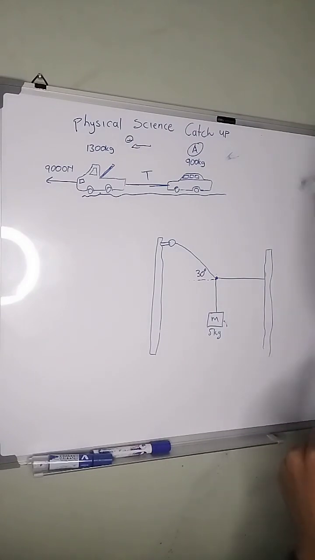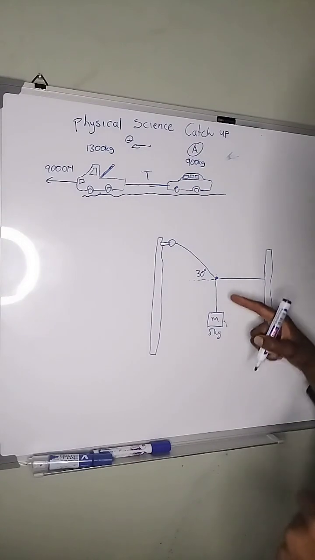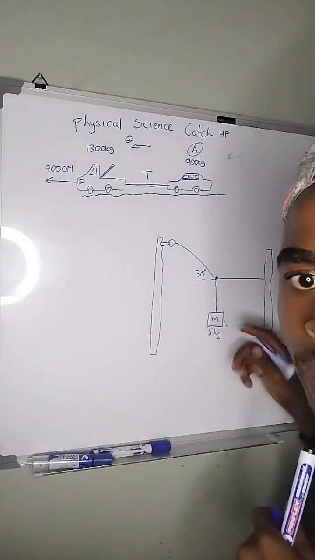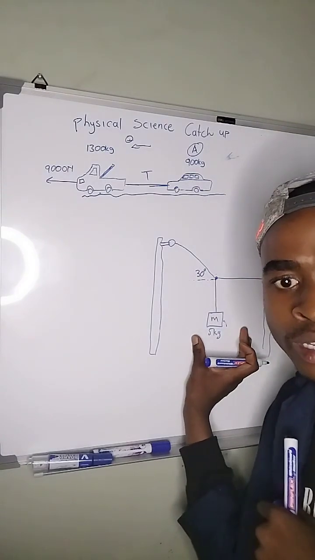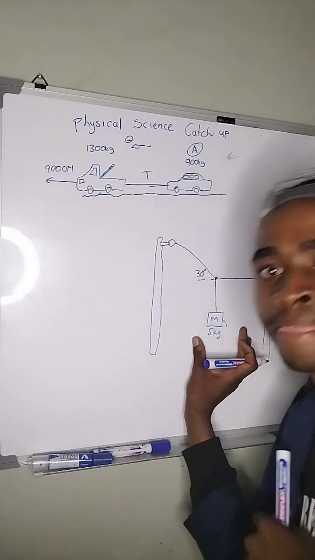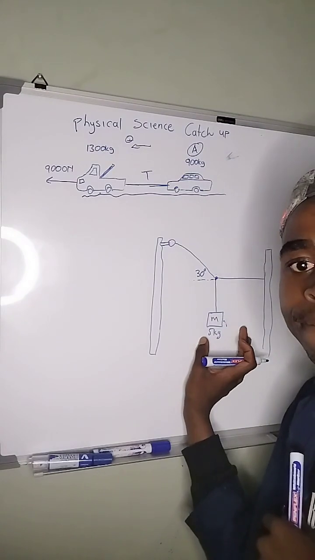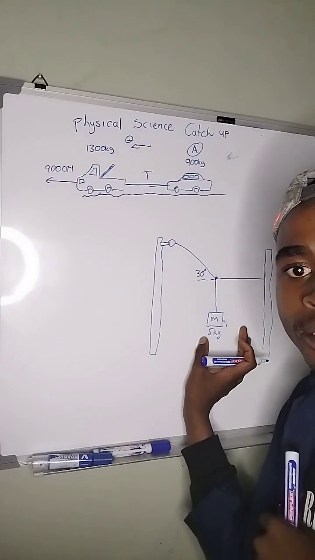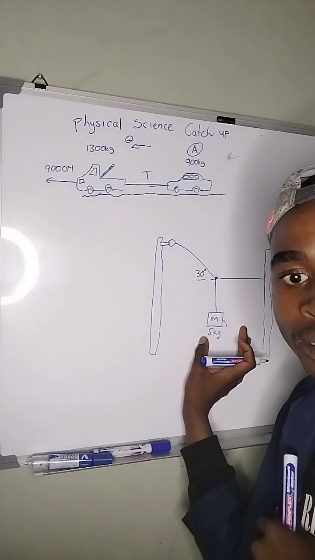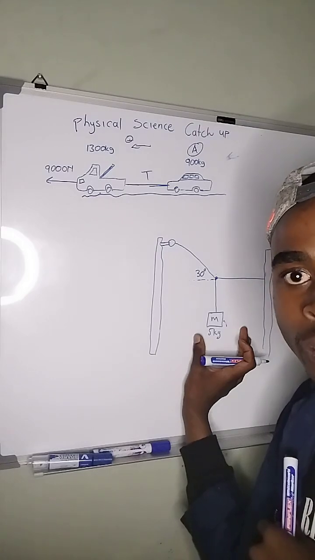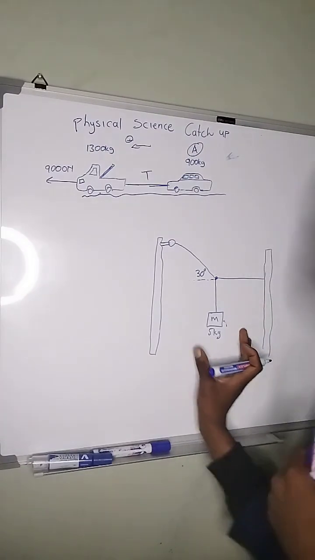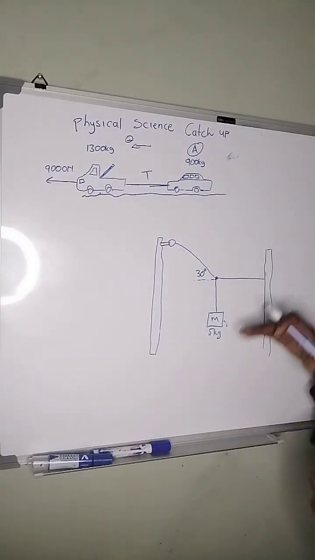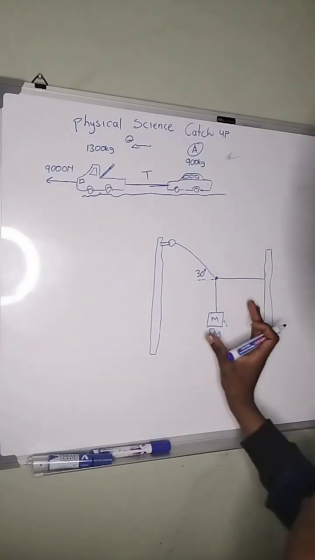This object is going down relative to what? Gravitational force. Thank you very much. It's going down relative to its weight.